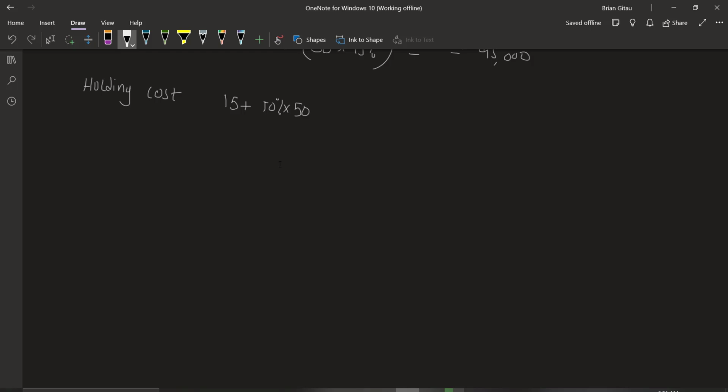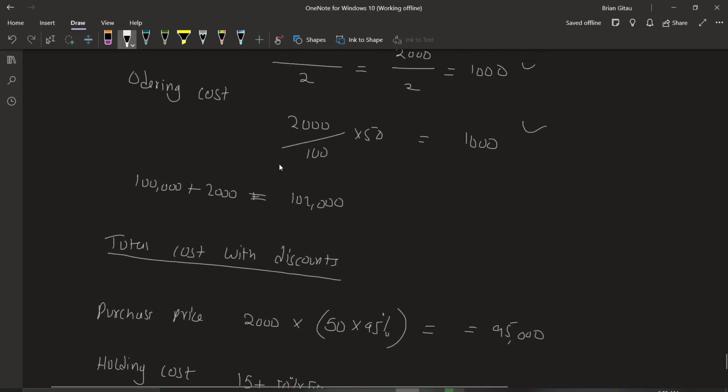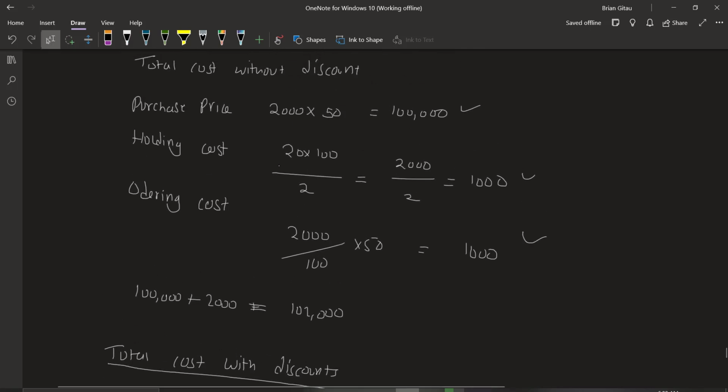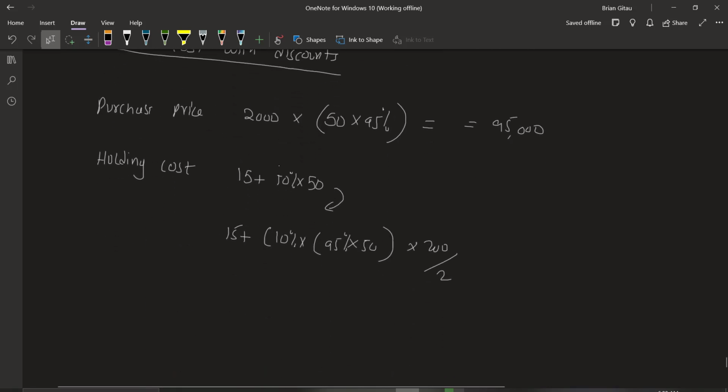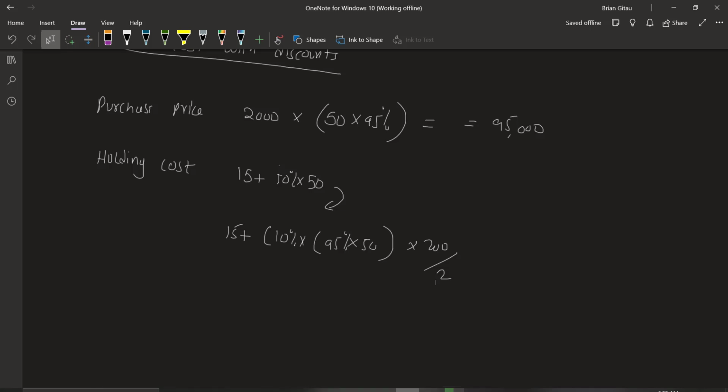But now this 50 has a discount of 5%, so we will take 15 plus 10% of 95% of 50, and then multiply that one by 200 divided by 2. So that is giving me 2,172.5.